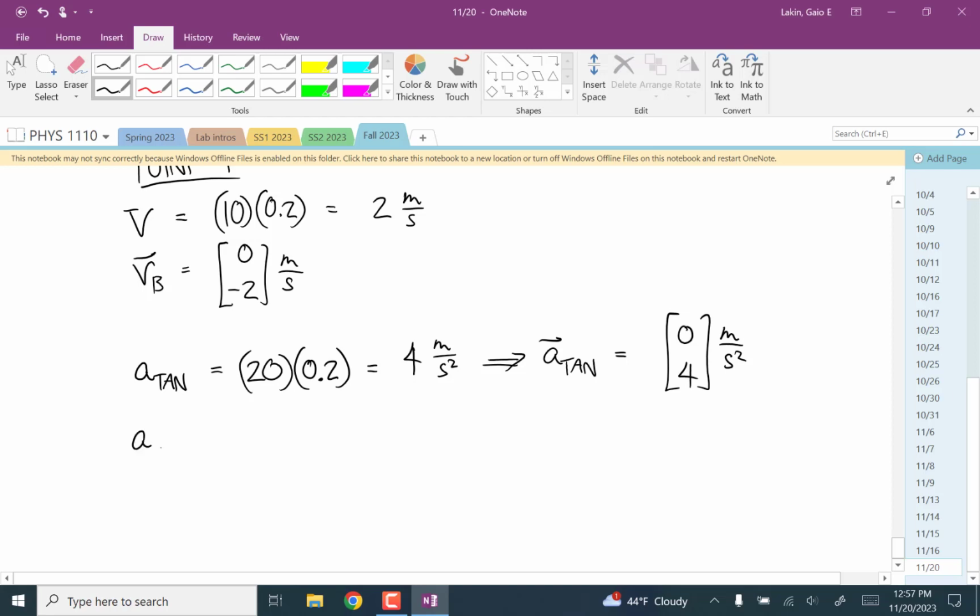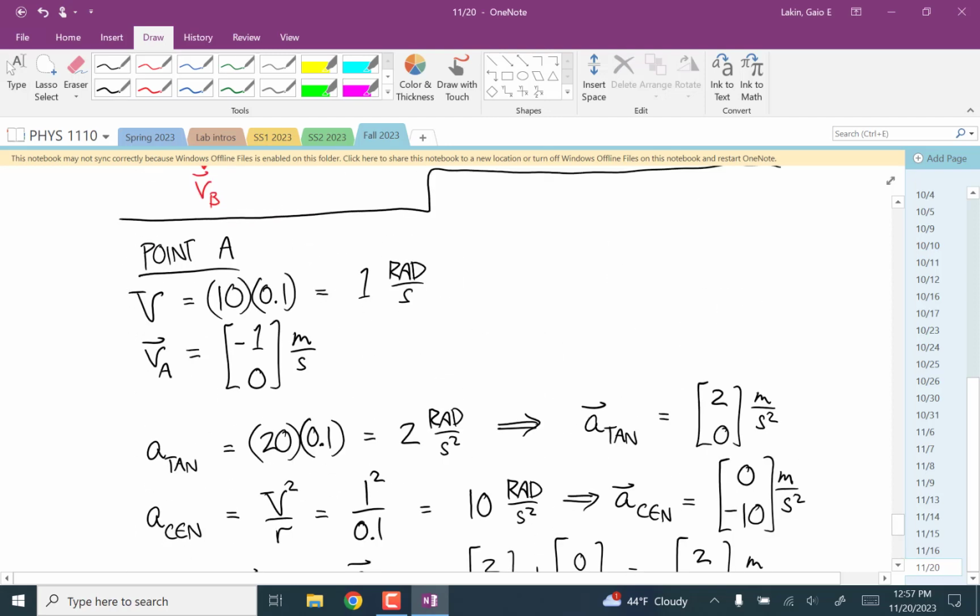Then the centripetal acceleration is v squared over r. So that's 2 squared over 0.2. And so that is 4 over 0.2, 20 meters per second squared.